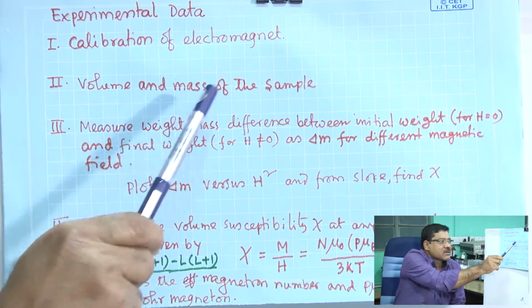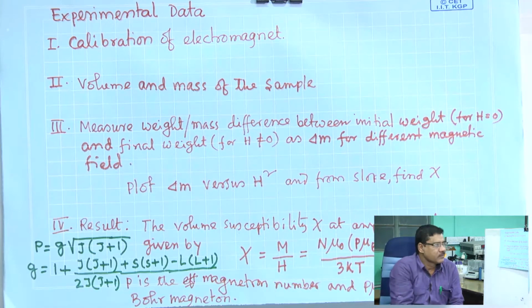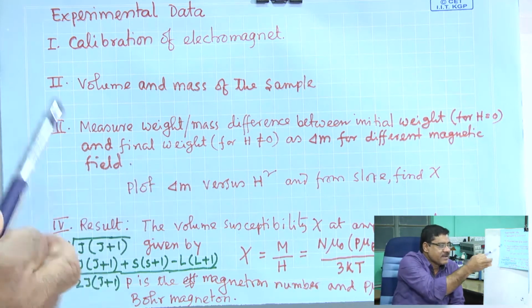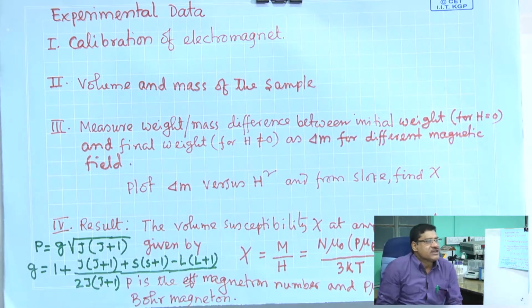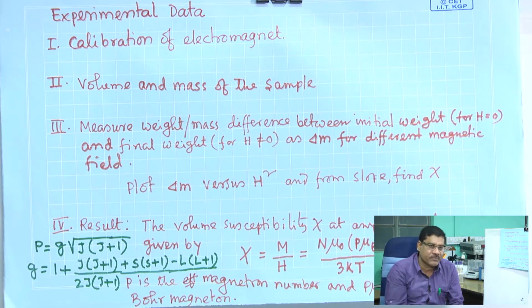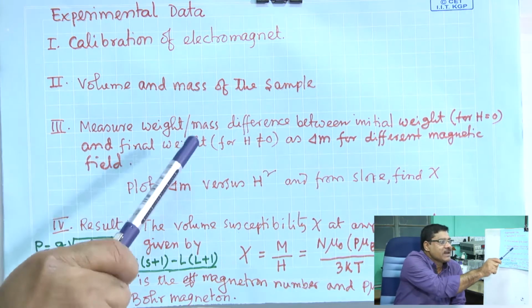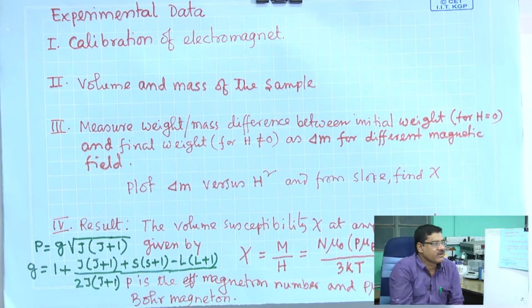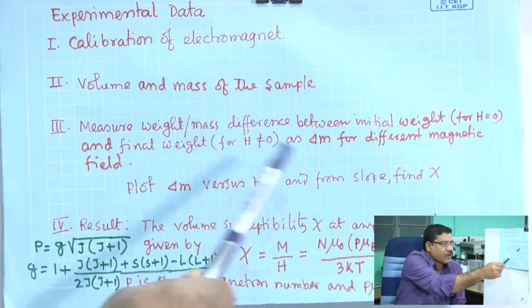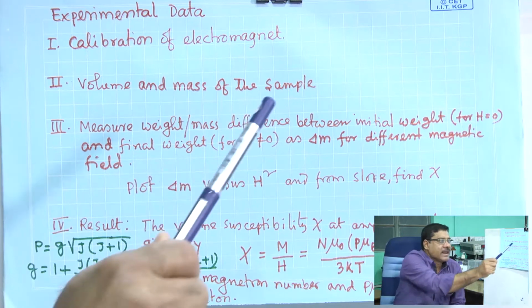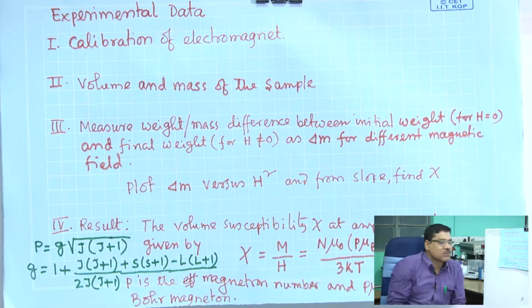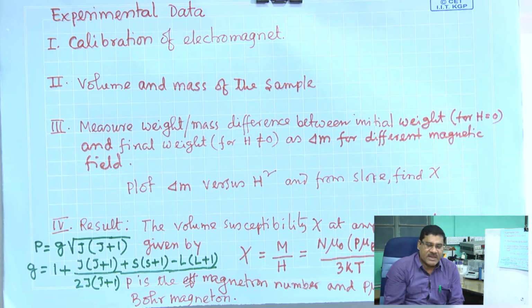Then the main part of this experiment is to measure the weight or mass difference between the initial weight for H equal to 0, when there is no magnetic field, and the final weight in presence of the magnetic field. That will be del m, for different magnetic fields. This is the change of apparent mass basically.